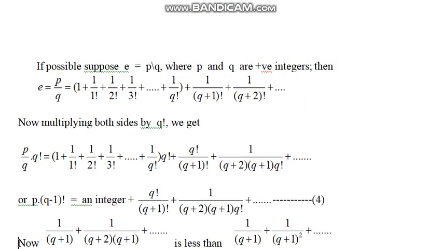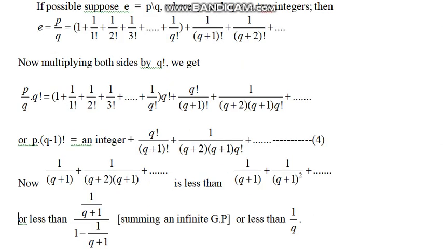So if possible, suppose e equals p by q, where p and q are positive integers. Okay. So now multiplying both sides by q factorial, we get p by q into q factorial, so p into (q minus 1) factorial, an integer, plus this expansion.